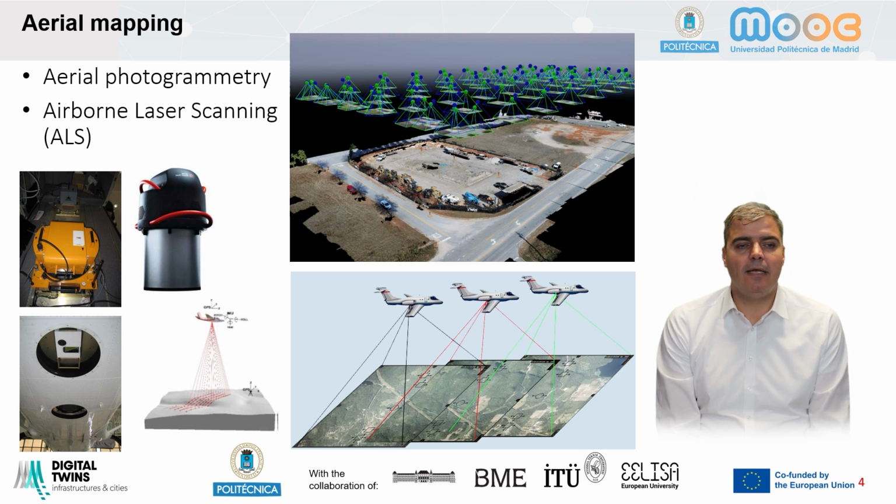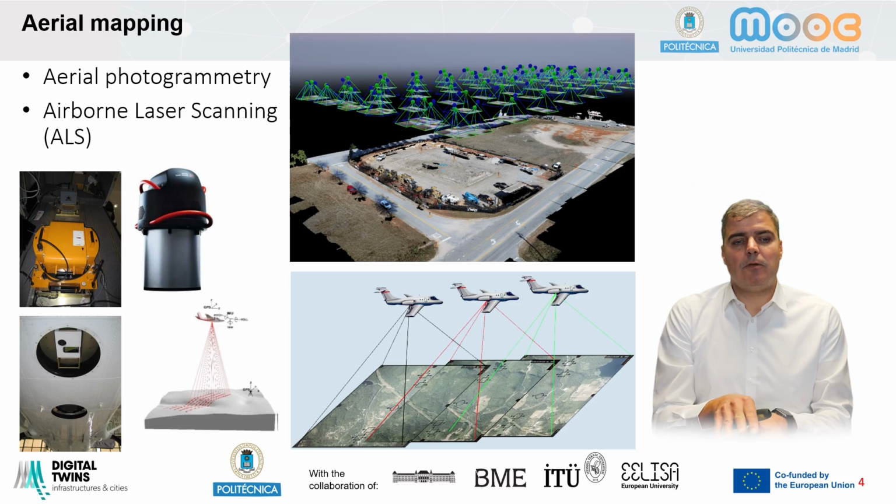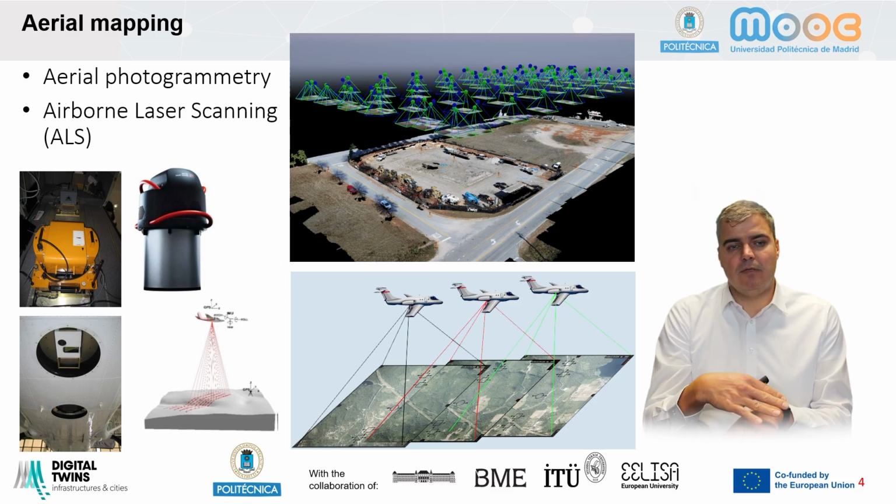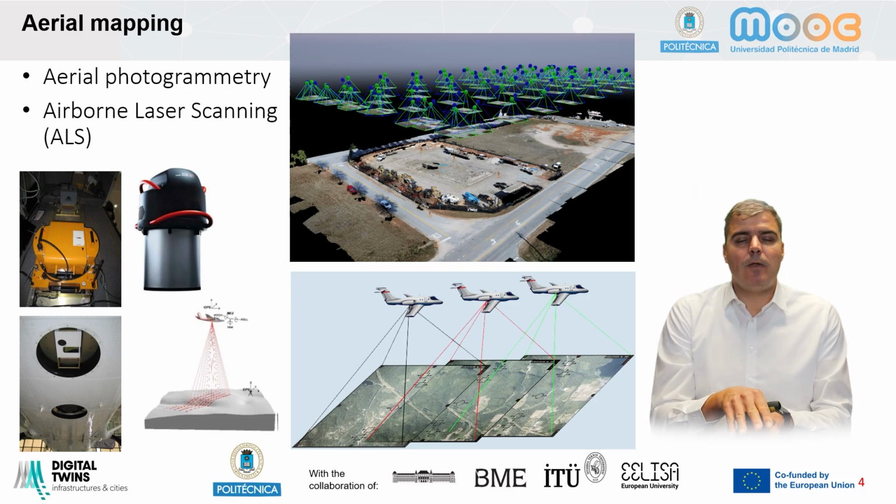Okay, in aerial mapping, on the top image you can see a typical location scene of airborne photographs. On the image below, you can see that if we are collecting images that have overlap between them, and by the way, there is overlap between the imaging rows, then we can evaluate the 3D of each of the points from the overlapping areas.